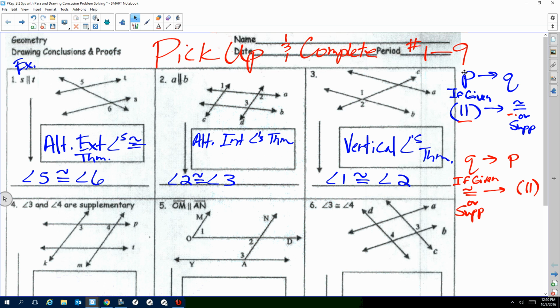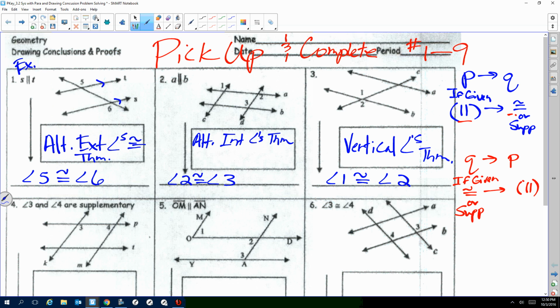So on the first 3 I did for you, because they state that S is parallel to T, I can add the arrows to show that. Then from that given statement, I want you to be able to draw a conclusion from the angles. Pay attention. They're going to number maybe 2 angles or 3 angles.